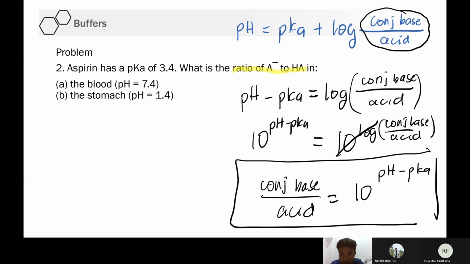Okay, so let's check yung ratio ng conjugate base sa acid natin. So that means in equation, conjugate base divided by the acid. Okay, for blood and sa stomach, no? So basically, plug in lang natin. So that's 10 raised to the pH, which is 7.4 minus the pKa.